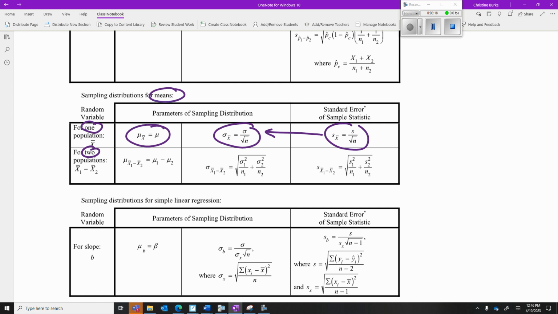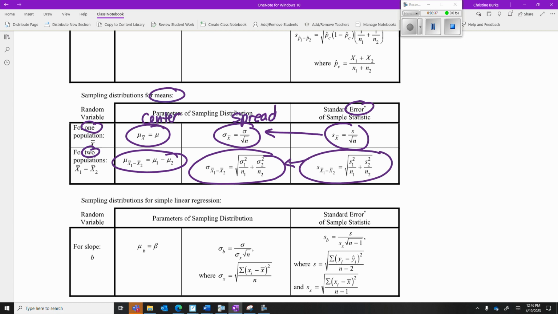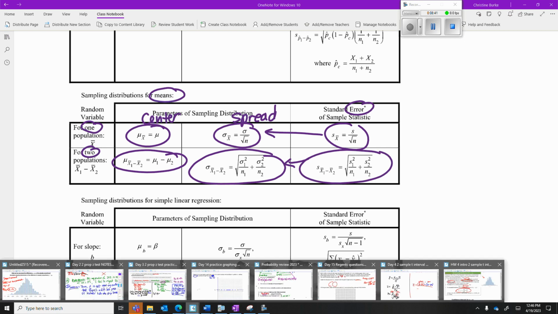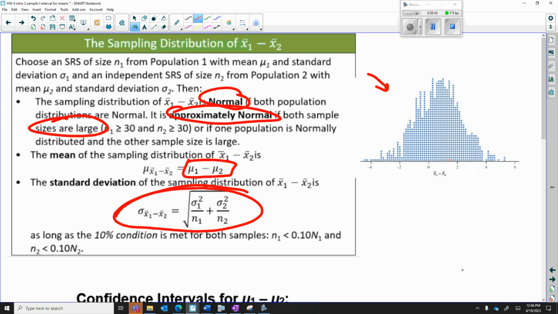So now for two means, here we have mu 1 minus mu 2 for the center, and then the spread. If we have sigma, we use sigma here. But if we don't have sigma, we use s in its place. So here you go, standard deviation of the difference of the means, and this is going to be standard error here, this one. Okay, so this is where this is coming from. All right, let's go back to our question.